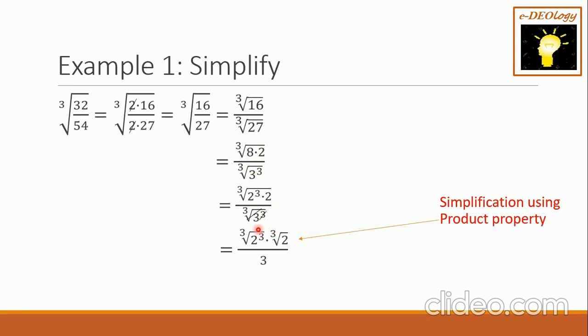Now, in the numerator, we apply simplification using the product property. It means we split the radical into each of the factors. You see here we have the cube root of 2 cubed times the cube root of 2. Then in the denominator, we simplify by cancelling the radical and the power 3, so only the base 3 will come down.